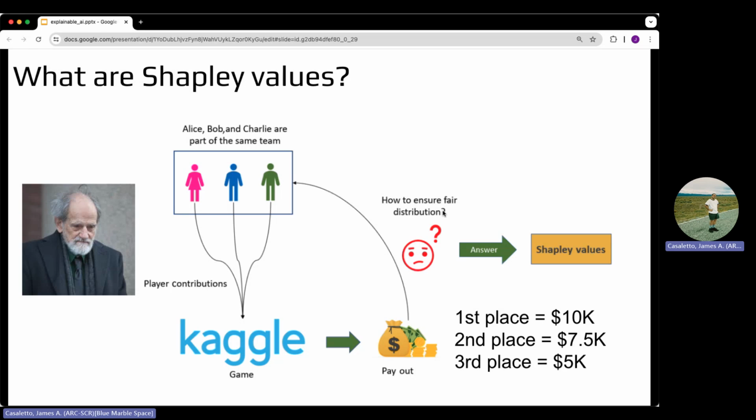A combination of players is called a coalition, and in the next slide, we'll look at how Alice, Bob, and Charlie may have cooperated in different coalitions to win different prizes. At the end of those competitions, the question is, how do we fairly split up the prize winnings among Alice, Bob, and Charlie?